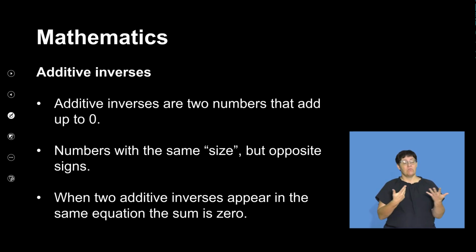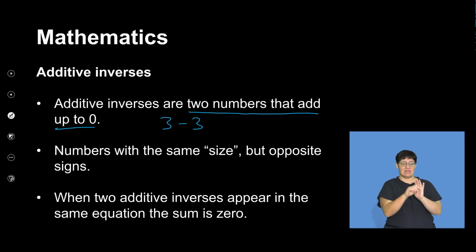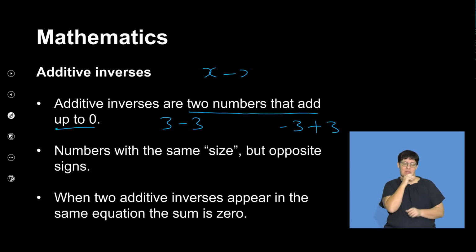Now when you talk about additive inverses, these are two numbers that add up to 0. So if I want an additive inverse of 3, it means that is minus 3. If I want an additive inverse of minus 3, that is plus 3. I want an additive inverse of x, that is minus x, because I must always get 0 as my final answer, right? That's what adds up to 0 means.